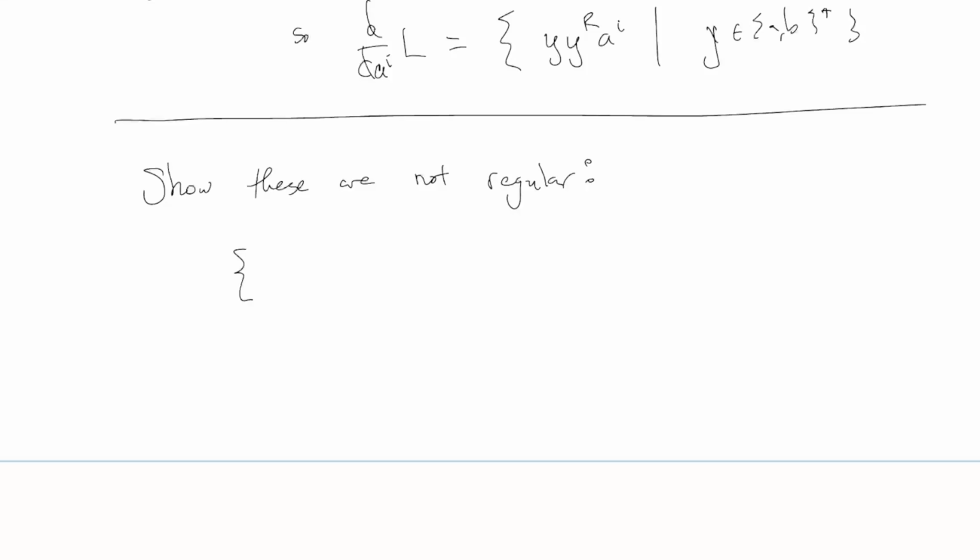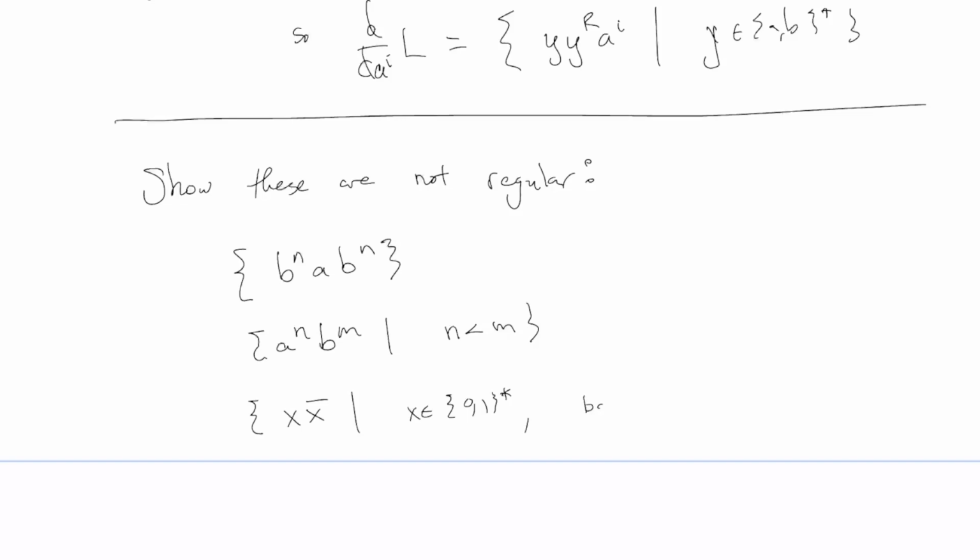I got three here. So the last one there, I'm talking about binary strings, that is zeros and ones for the alphabet, and that x bar just means, I said bar means not.